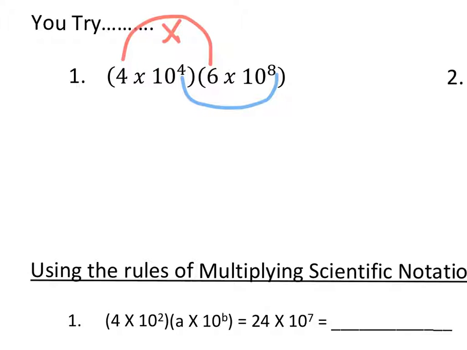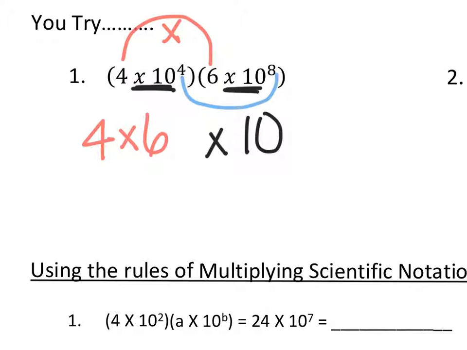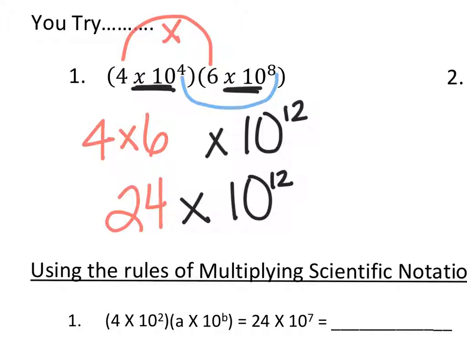So in doing this, I'm going to multiply 4 times 6, and we know our base is this, so we're automatically going to write times 10 to the what power? 4 plus 8 is? 12. Very good. So we finish off, 4 times 6 is 24, times 10 to the 12th.